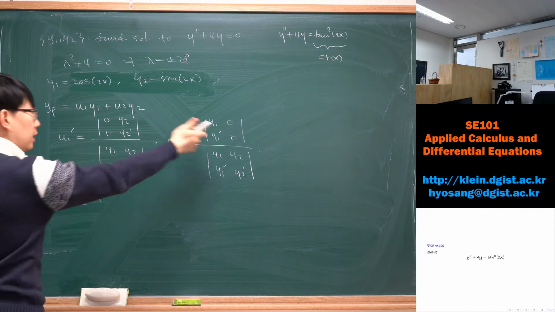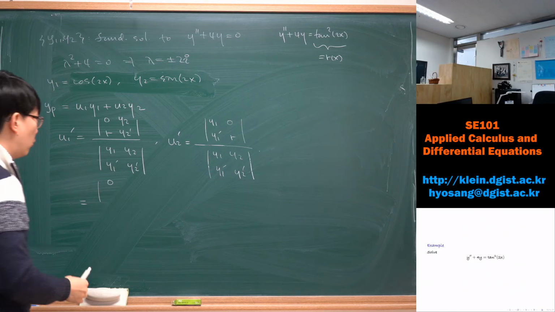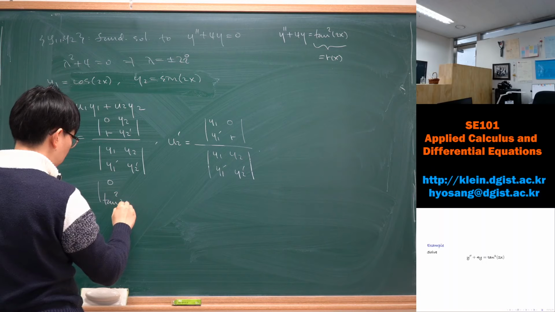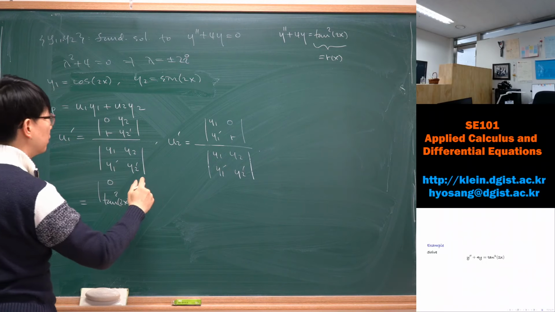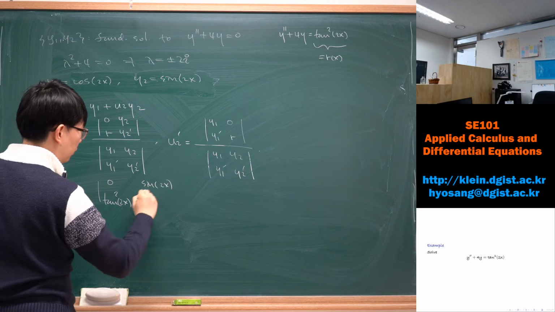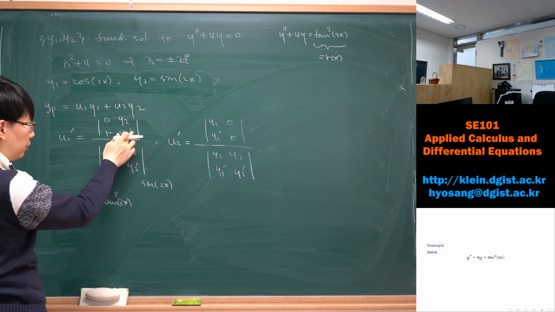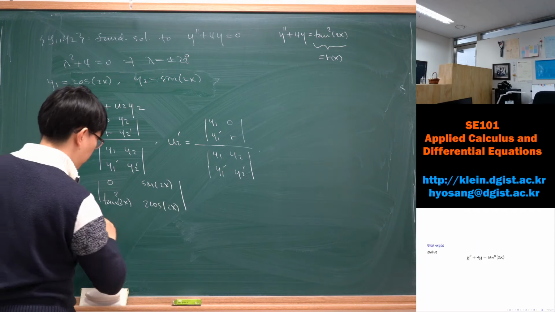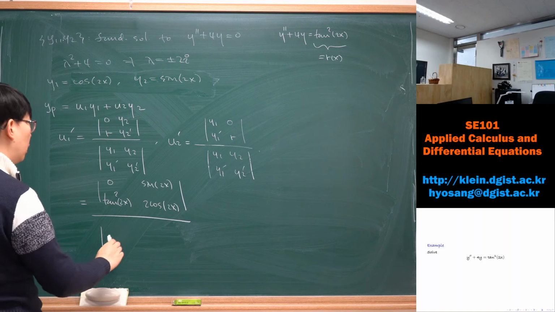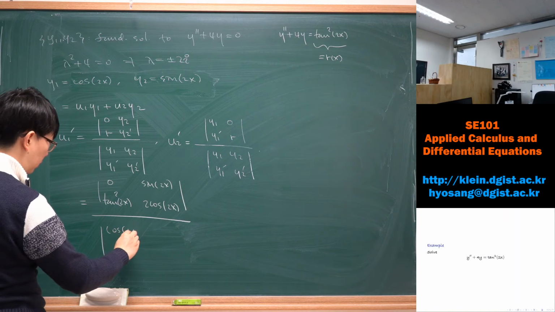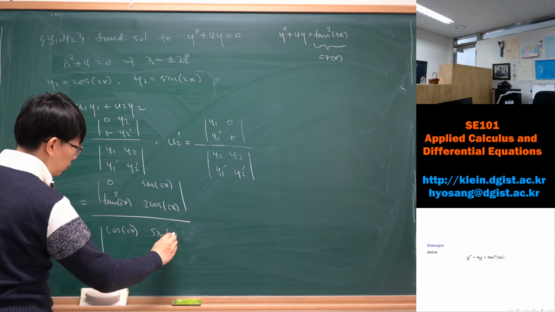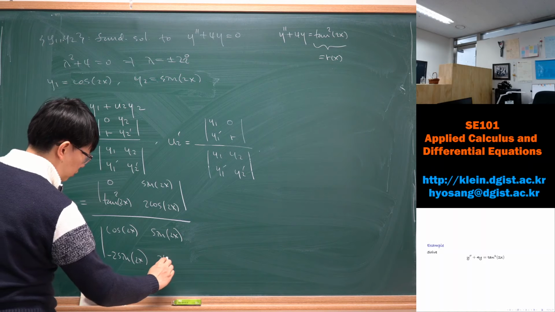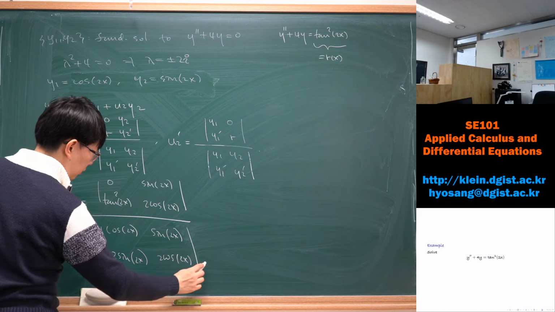That's okay, but do not mix that order inside of the formula for u1, u2. So here we have tangent squared 2x as r, and y2 is sine 2x, and the derivative of sine is 2 times cosine 2x. And in the denominator we have cosine 2x, sine 2x, negative 2 sine 2x, 2 cosine 2x.